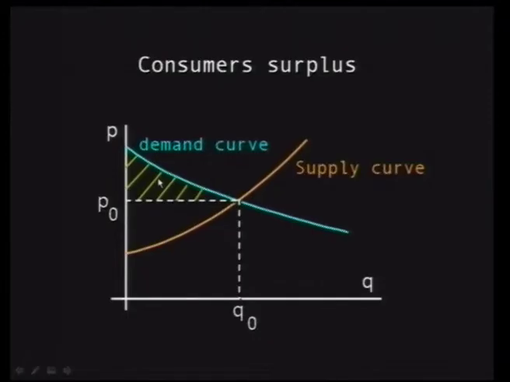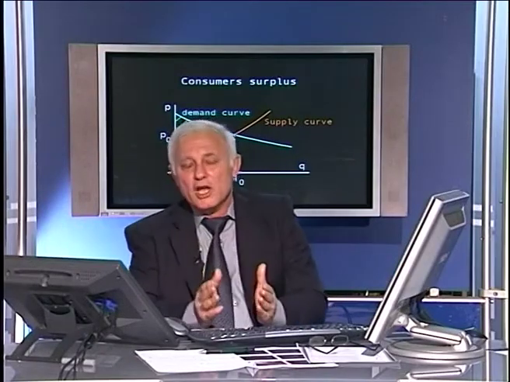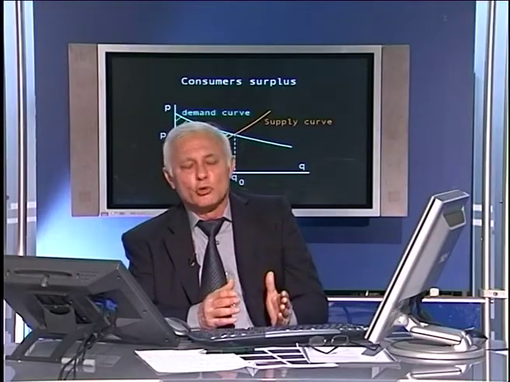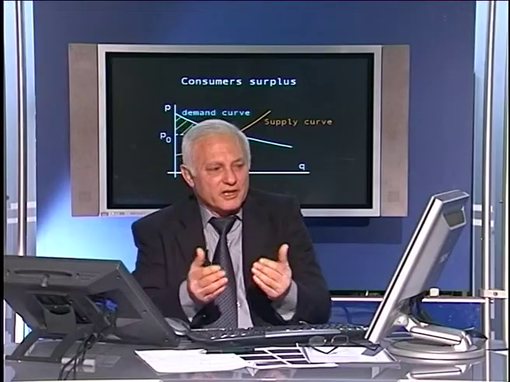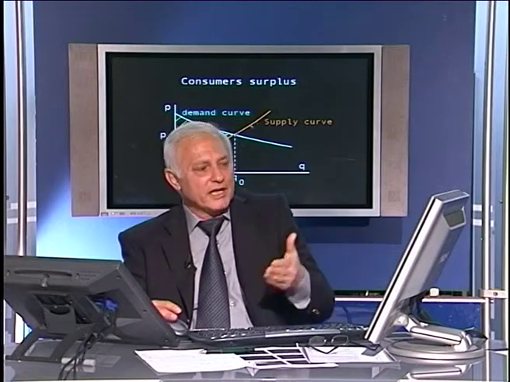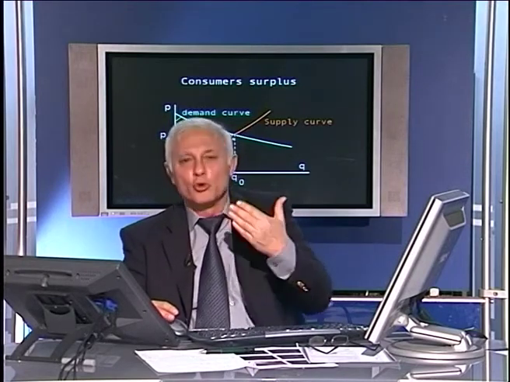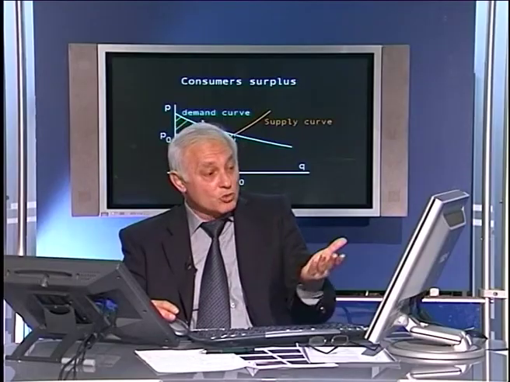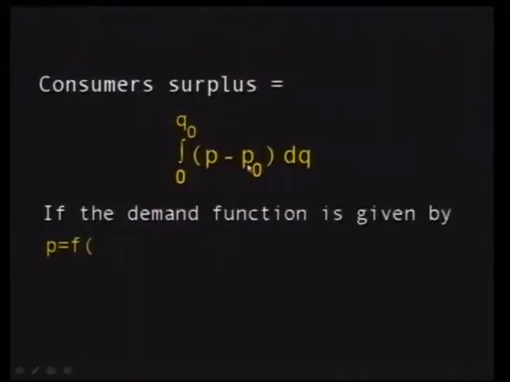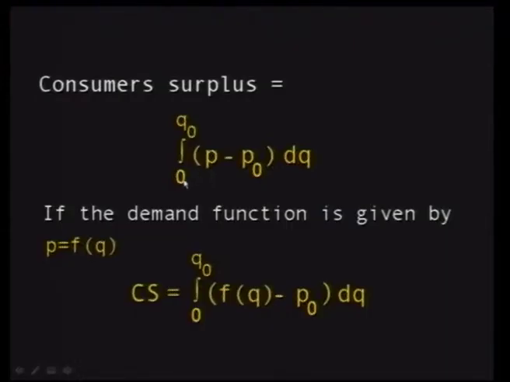Of course, coinciding with the consumer surplus, there is also the producer surplus, because they are also gaining: although they are willing to produce their goods at a lower price, they are gaining profit out of producing it at the price P naught. So this is one application in economics of integration, because you wish to calculate this area, which is equal to the integral of P minus P naught from 0 to Q naught. You integrate this and you get the area, which is the consumer surplus.